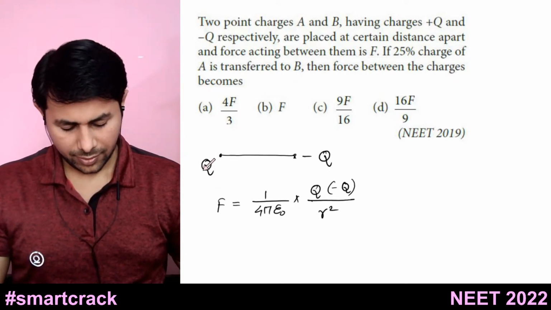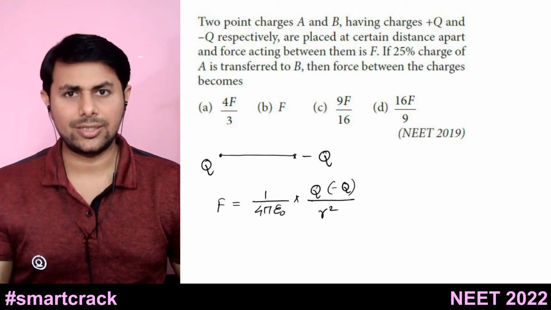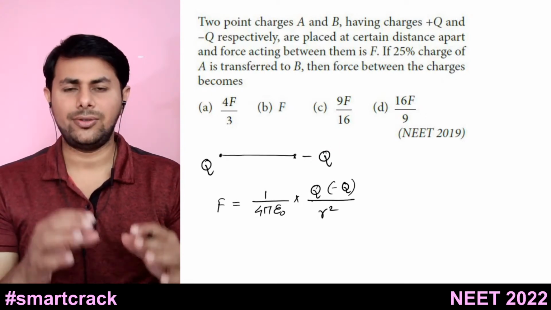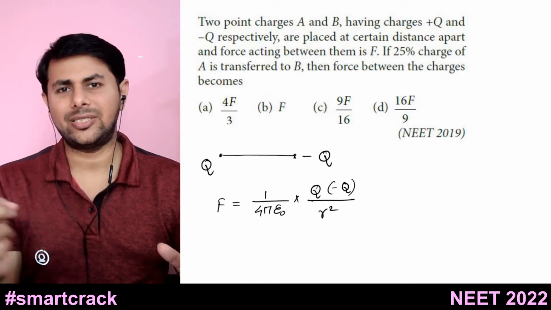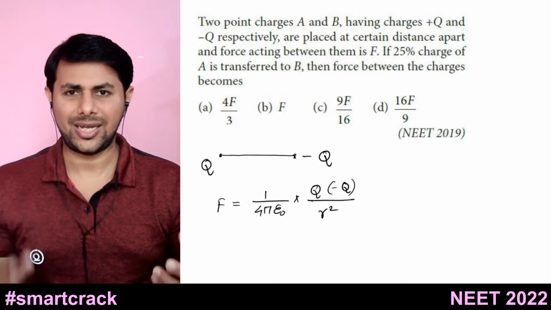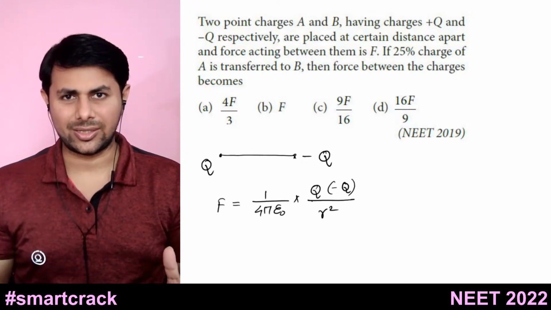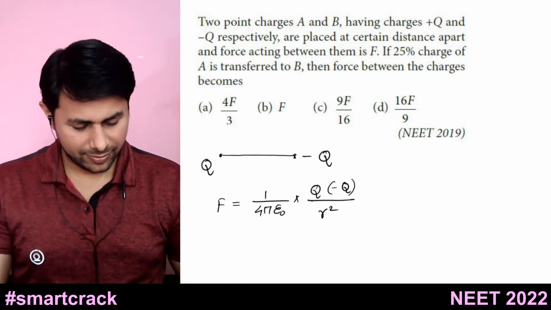So the charge on A will be how much? It will be 75 by 100, 75%, right? Now here you have some 100% negative charge and you are adding 25% positive charge to it. What will happen? The positive charge will cancel out with 25% of the negative charge and you will have 75% of negative charge over there also.